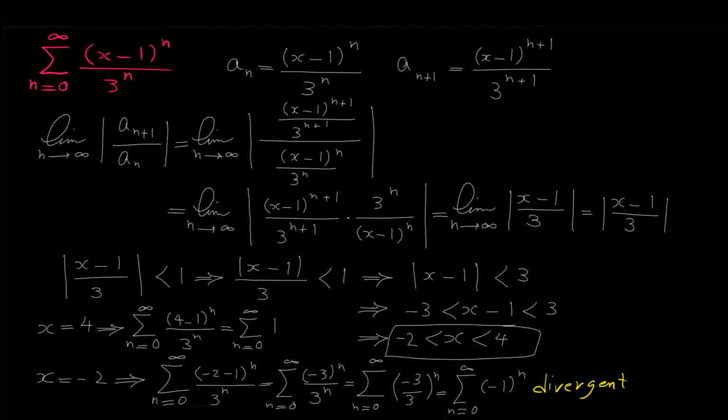So let's conclude what we found about this series. This given power series is only convergent on the open interval -2 to 4. And for any value outside of this interval, the power series is divergent.